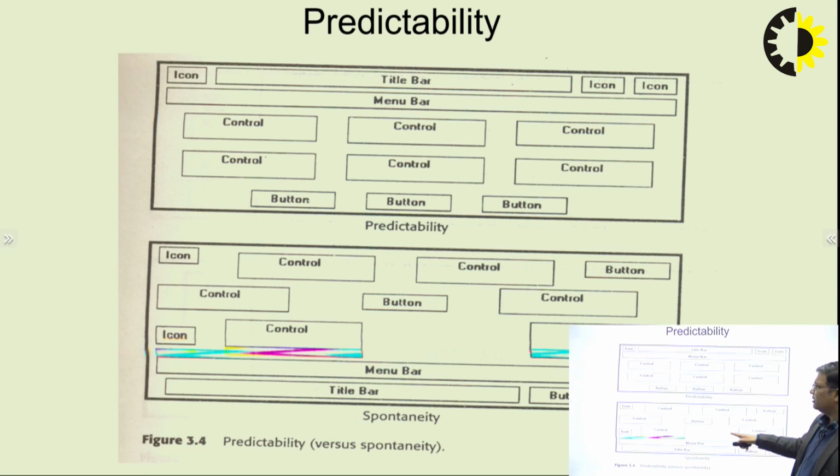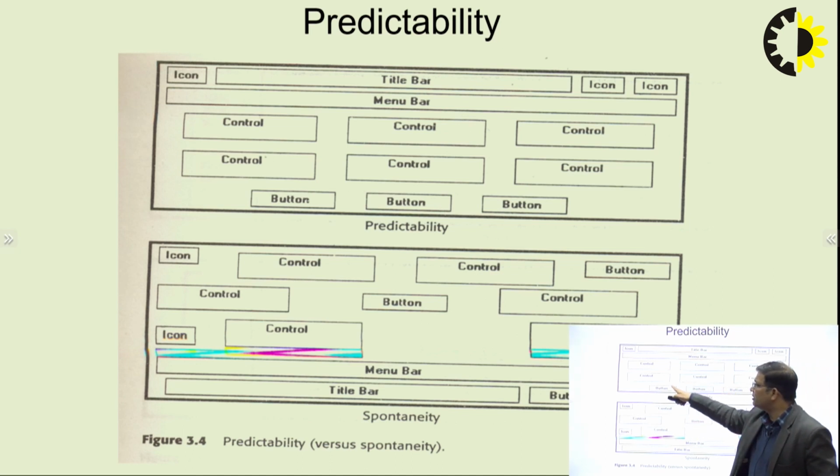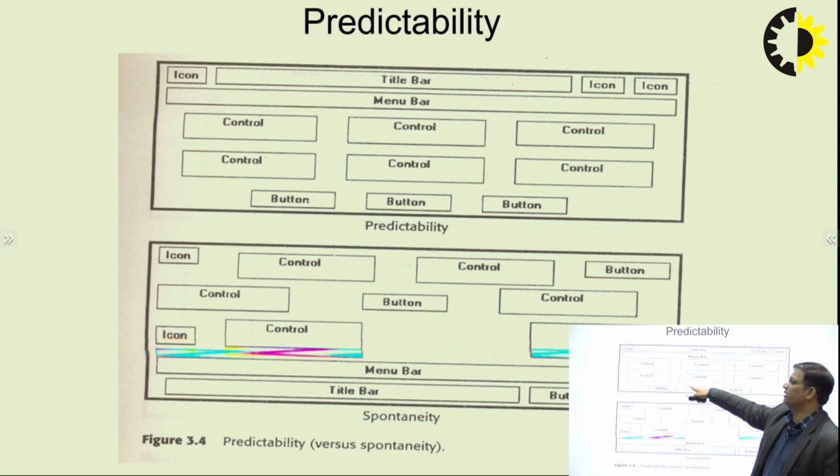Are you able to find whether this button should be placed here? No. If we ask anyone, even a novice user, they will say that the OK button and the cancel button should be kept at the end, not in the middle. So this is predictability: buttons should be kept at the end of the screen. This should be done, or this should not be done.